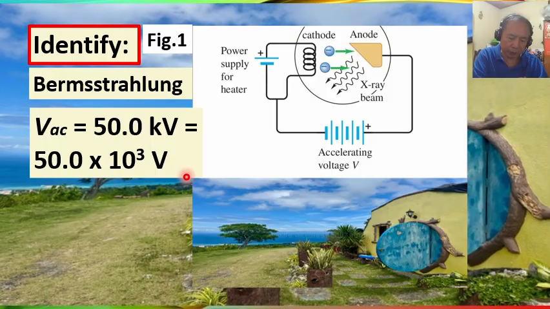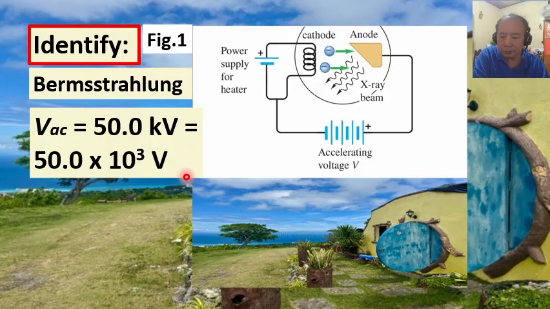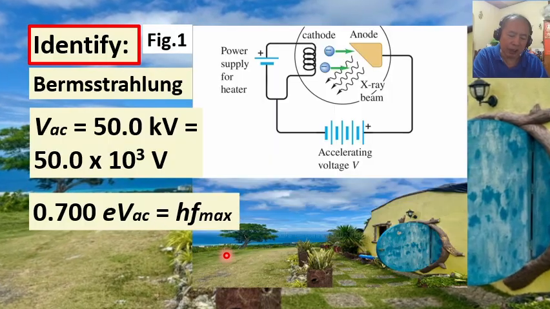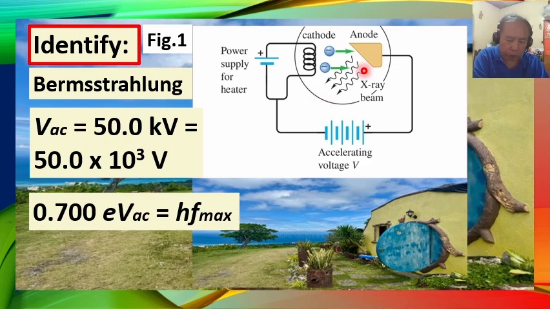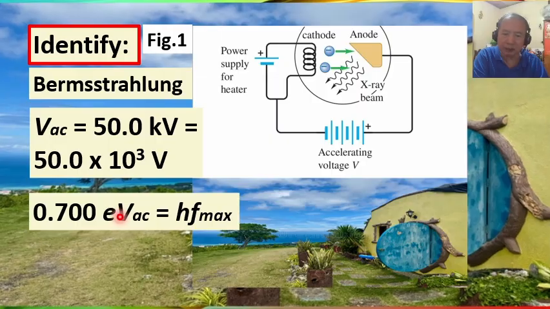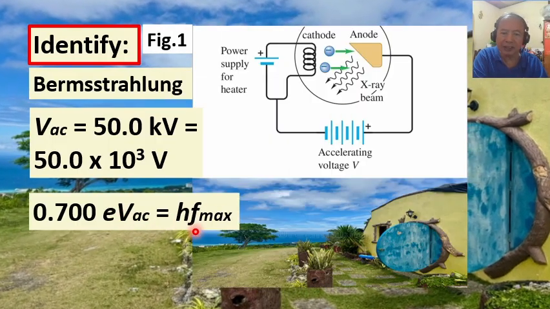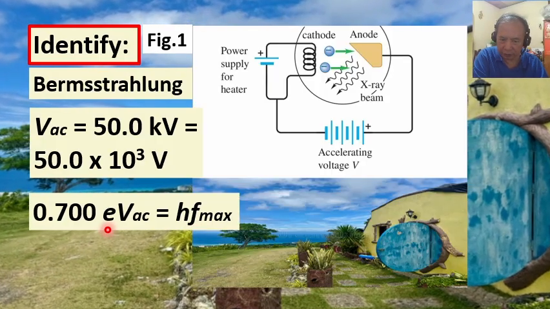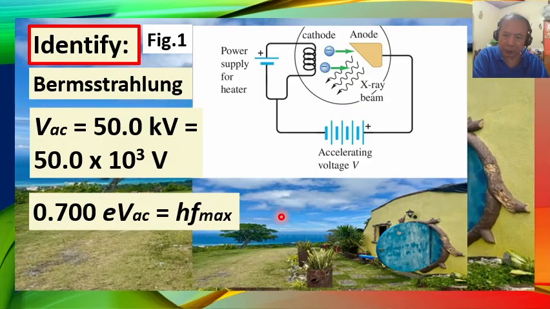Likewise, we are given the information that when the accelerated electron strikes its target, that means the anode, 70.0% of its kinetic energy is imparted as photon energy.